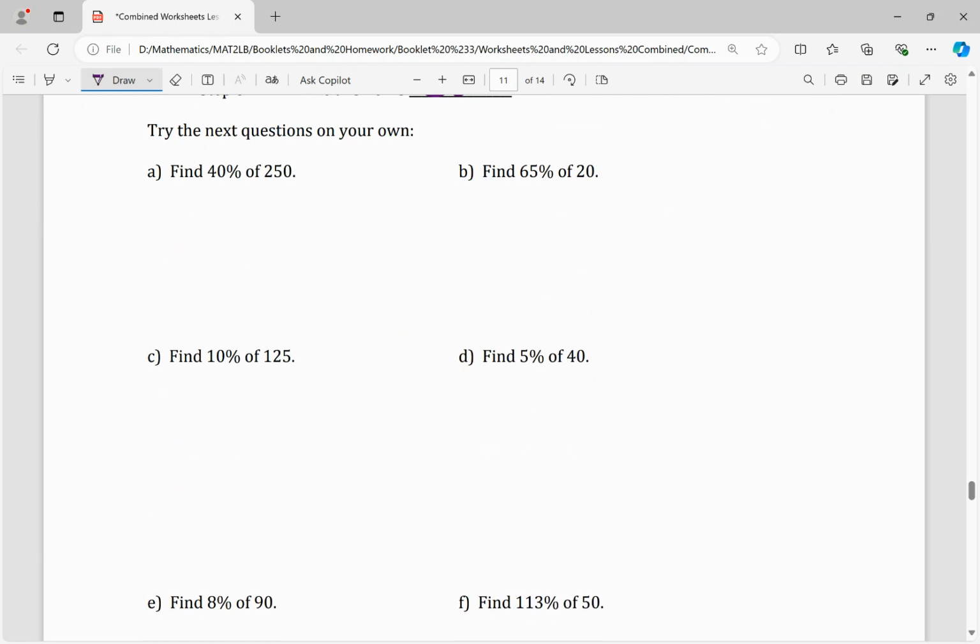So question A, find 40% of 250. Step 1, 40 divided by 100 is equal to 0.40. And then we're going to take that decimal, multiply it by 250, and get an answer of 100.